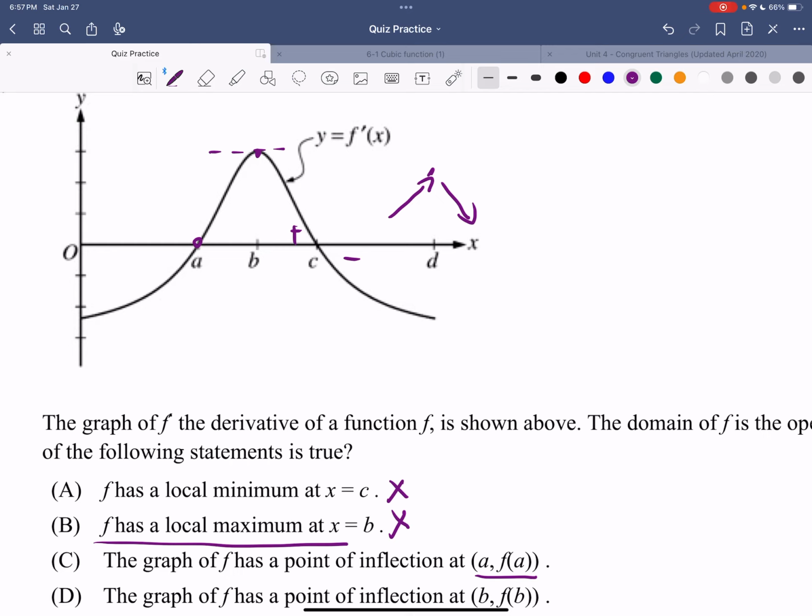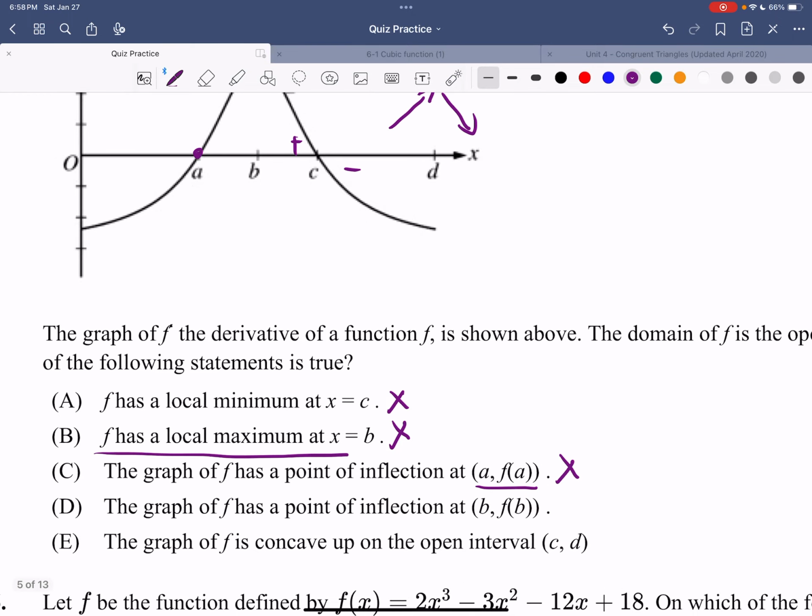Inflection point means concavity, right? Second derivative. In order to be an inflection point from the f prime, that has to be either zero slope or undefined slope. And from here, this one cannot be an inflection point because this is just a critical point. Okay, so this cannot be the answer.